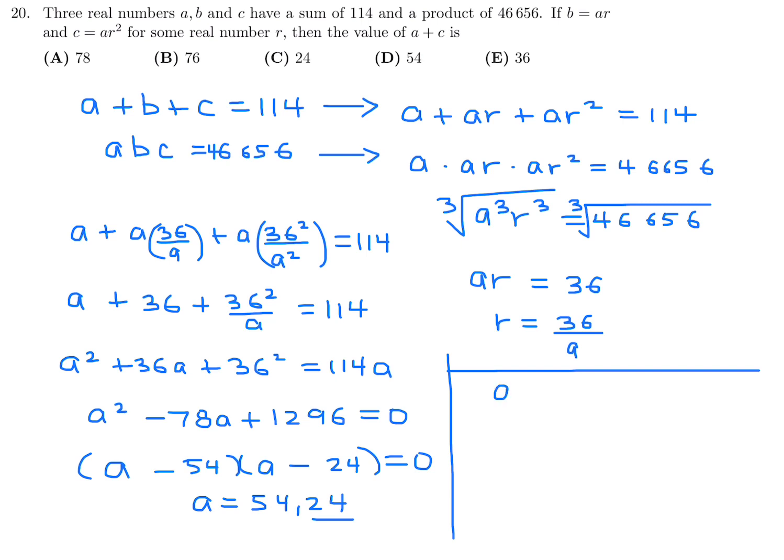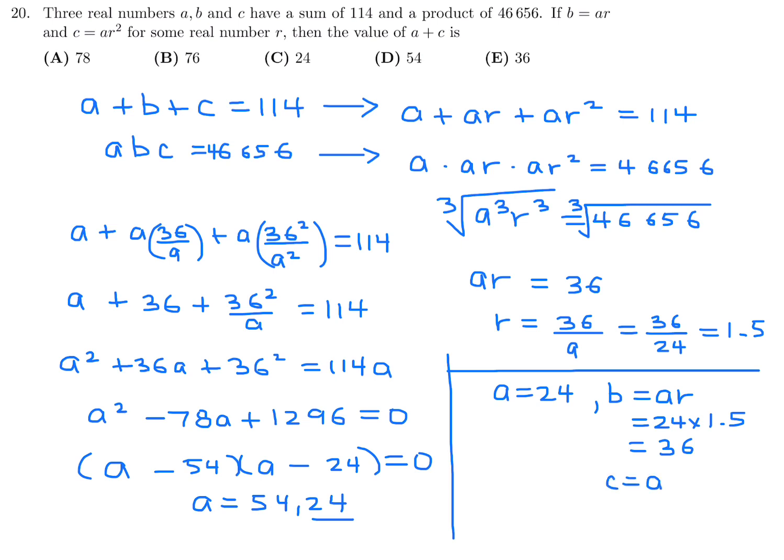If A is 24, then that means R, using this formula, will be 36 over 24, and that is 1.5. So that means B, which is AR, is going to be 24 times 1.5, and that is 36. And C is AR squared, so that's 24 times 1.5 squared, and that is going to be 54.